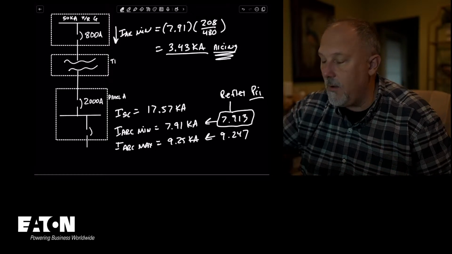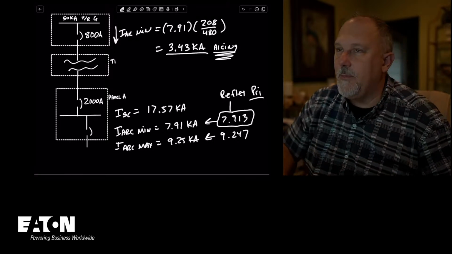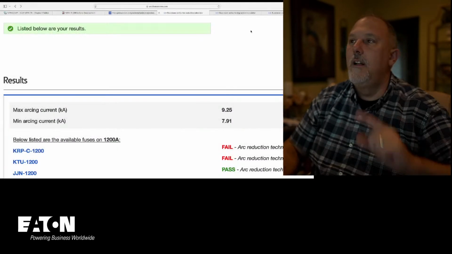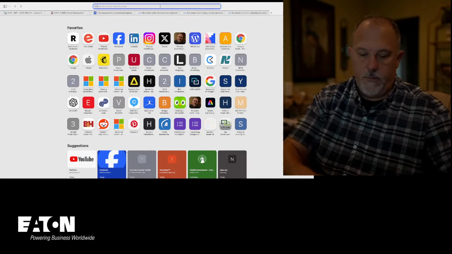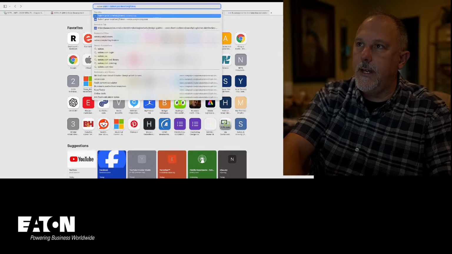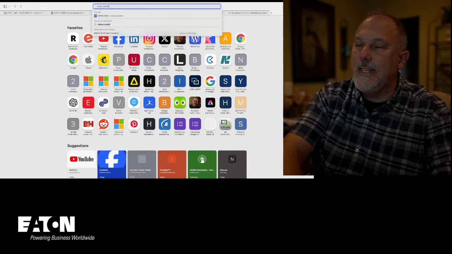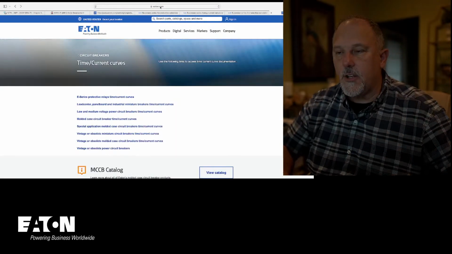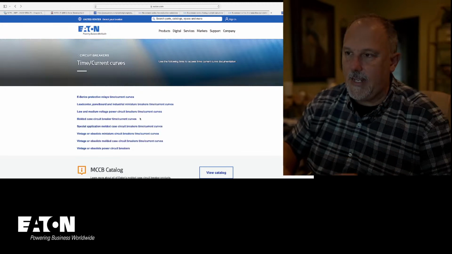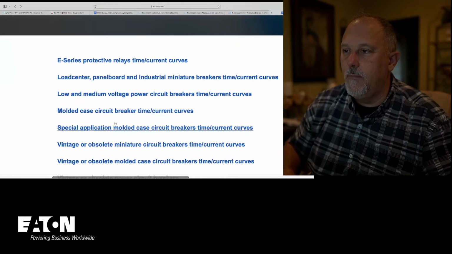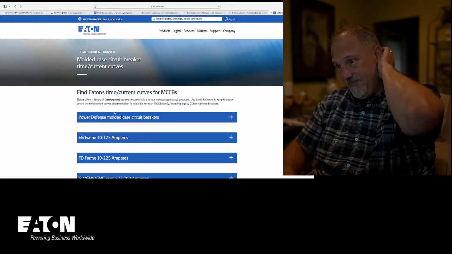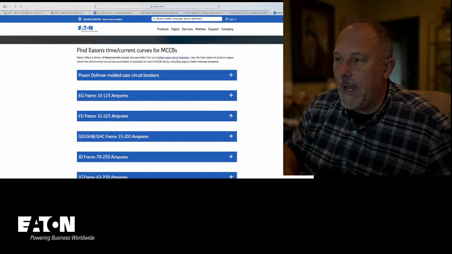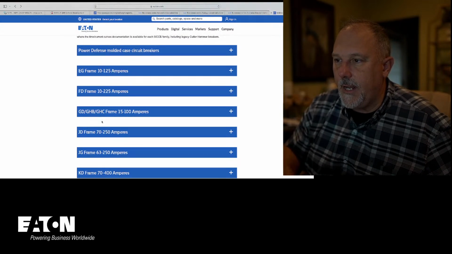So now I need to find a time current characteristic curve for an 800 amp breaker. So I go to eaton.com/TCC, and I'm going to pick a molded case circuit breaker, time current curves. I need 800 amps.